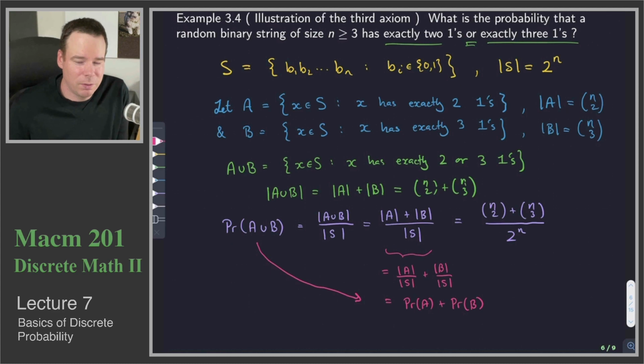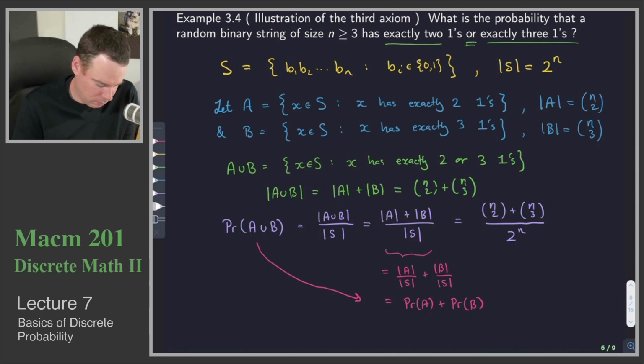So here we've just verified axiom 3 is true for this particular case, and that's why it's taken as an axiom. It's actually true in general, and so we could use it here.